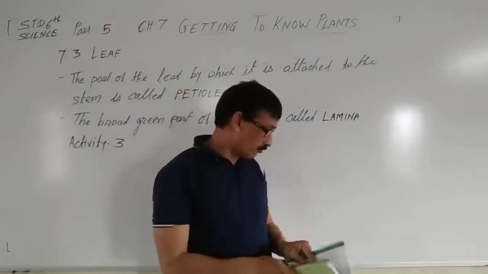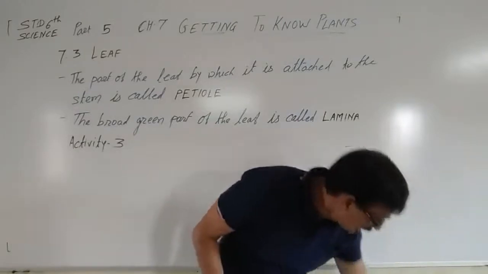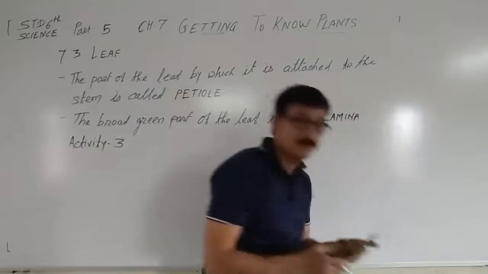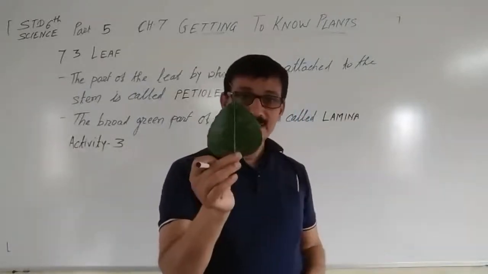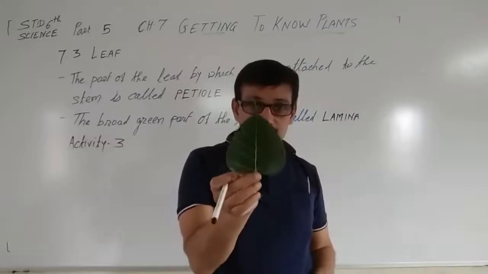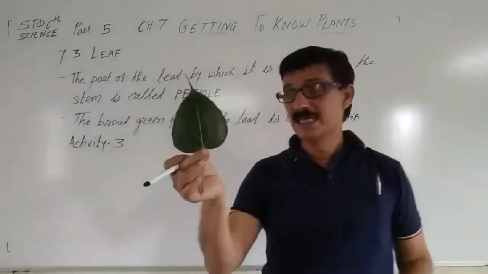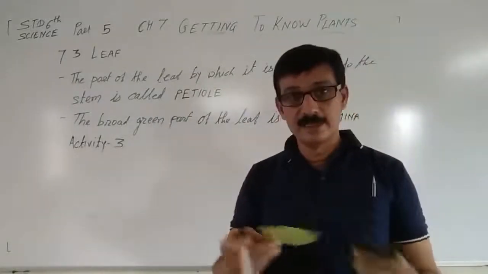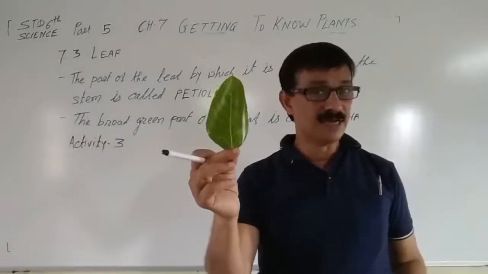So let's see first of all. Suppose there are two leaves with me. Can you say which plant this leaf is of? This is a leaf of peepal, and this is a leaf of a banyan tree.